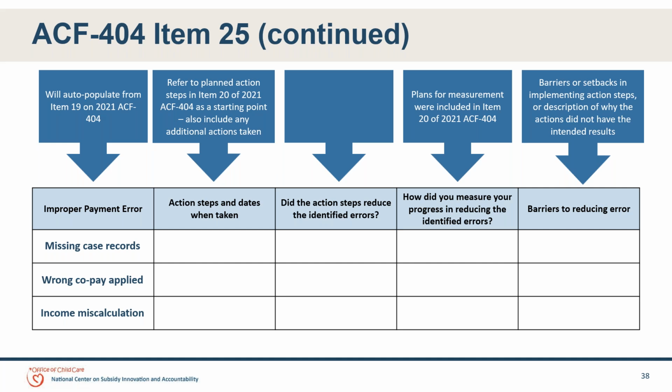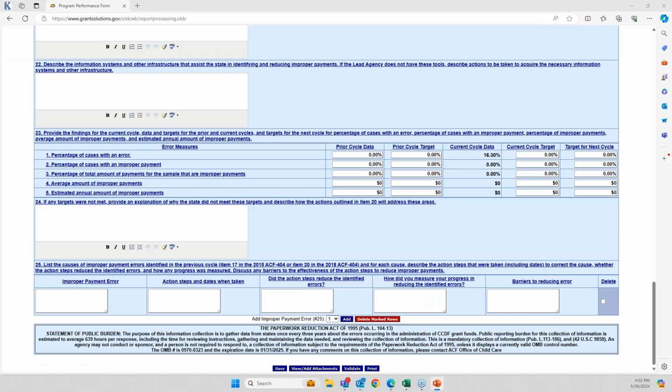Now I am going to go back to the OLDC for a moment. And I wanted to show you a couple more things. When everything has been entered, you're going to want to click here at the bottom where it says validate. And at that point, you will get a list of anything that was done incorrectly.